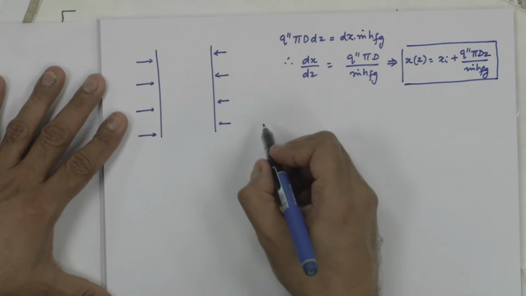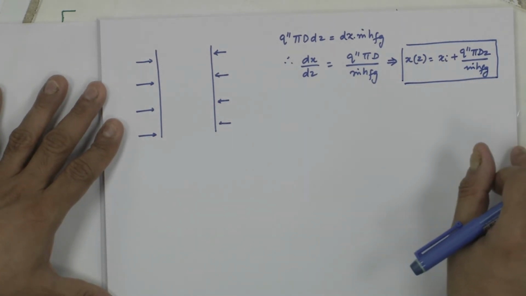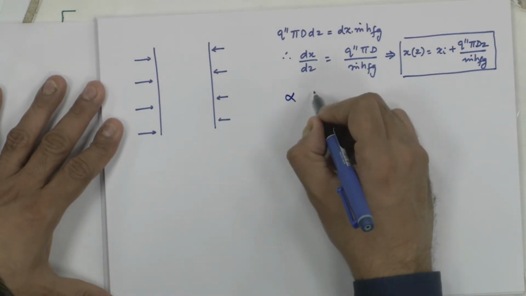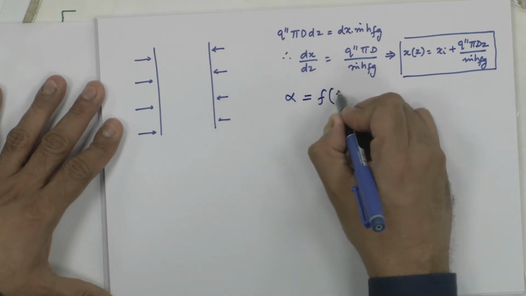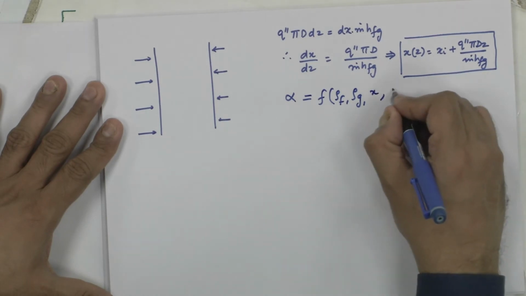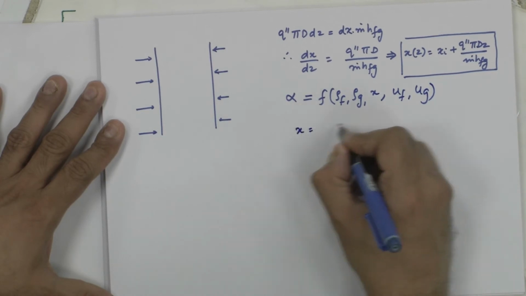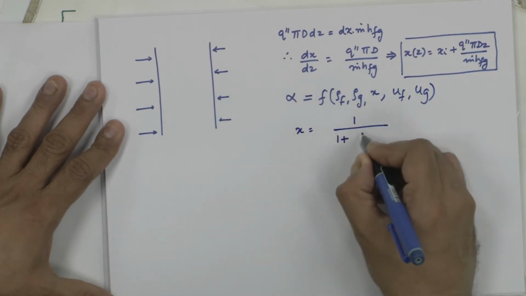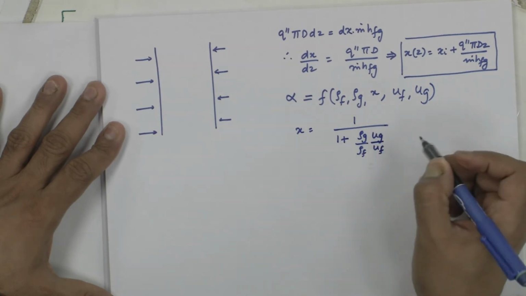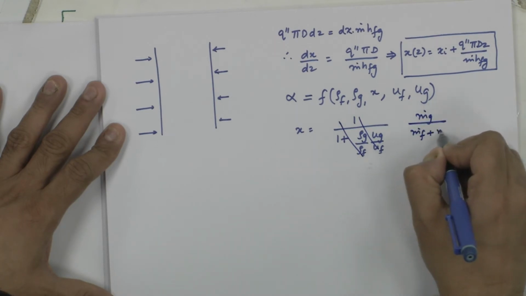So, my quality at constant wall heat flux situation will linearly increase because this is a straight line relationship. And what you would see, void fraction or alpha is a function of properties rho f, rho g, thermodynamic quality, uf, ug, and we saw the relationship last time. It's going to be 1 over 1 plus rho g by rho f, ug by uf, sorry, m dot g by m dot f plus m dot g.